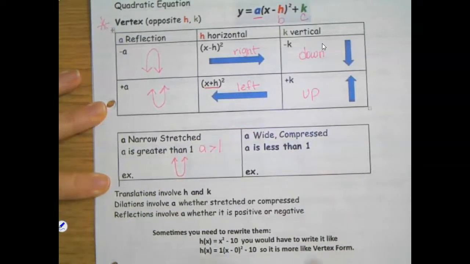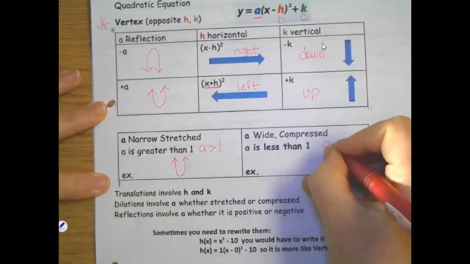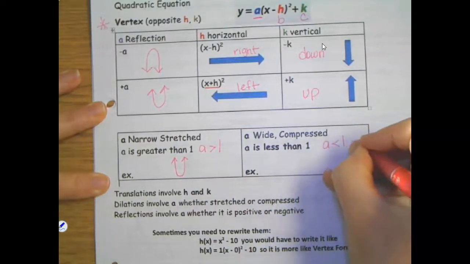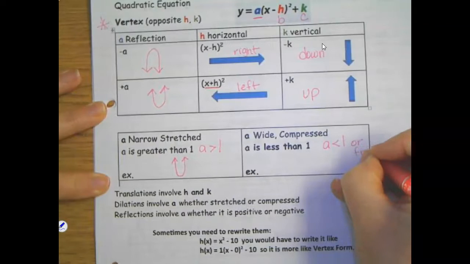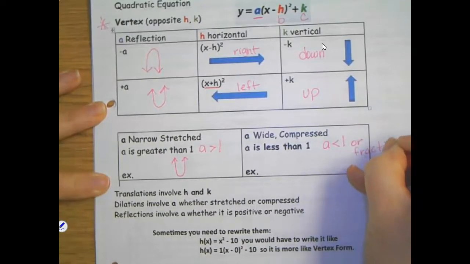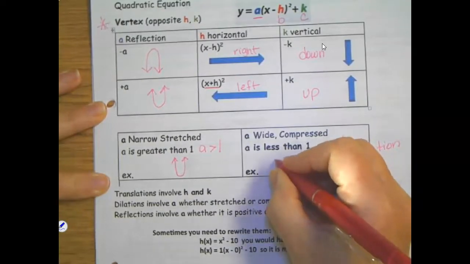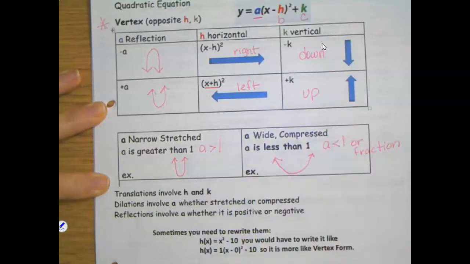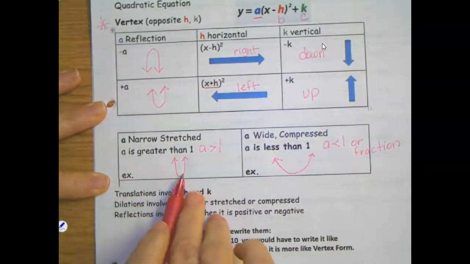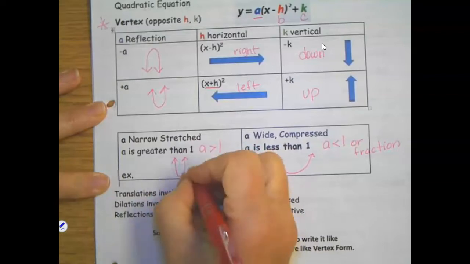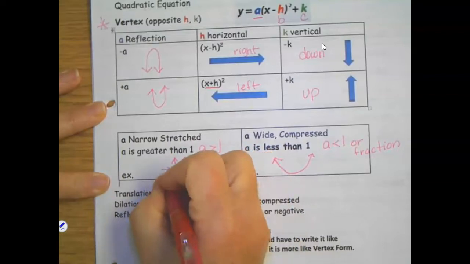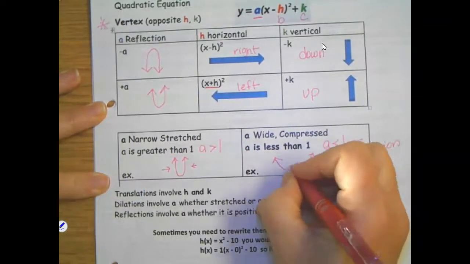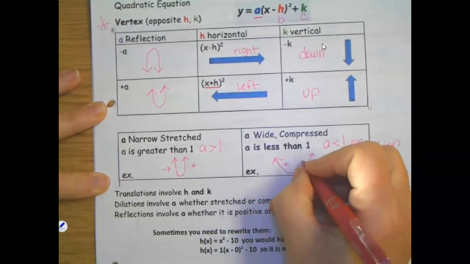If your A is less than 1, meaning a fraction, it widens. They call that compressed because it's pushing down, making it wider. This one's narrowly stretched because you're pushing against this way, kind of. This you're pressing against that way.